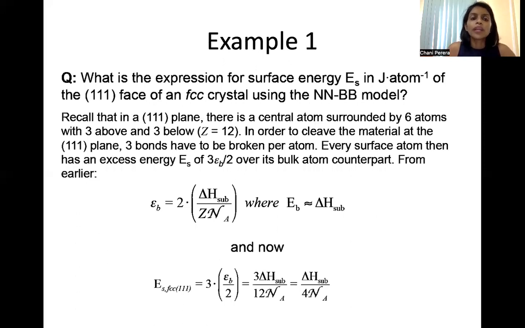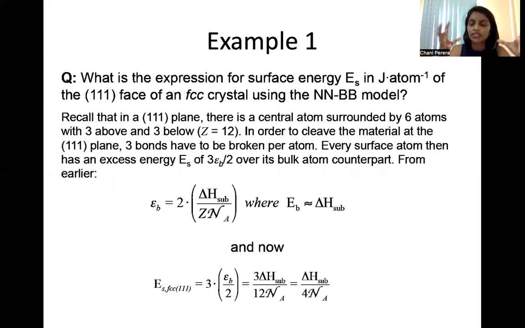As an example, what is the expression for surface energy, E_S? Some units are given. And we consider the 111 face of a face-centered cubic crystal using the nearest neighbor broken bond model. If you recall, in the 111 plane, there is a central atom surrounded by 6 atoms.